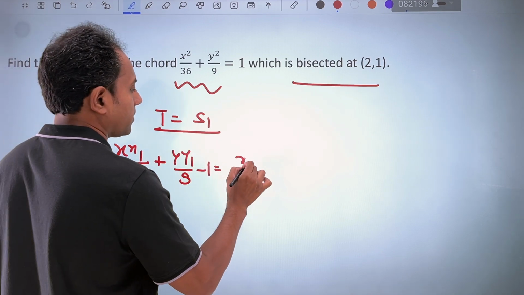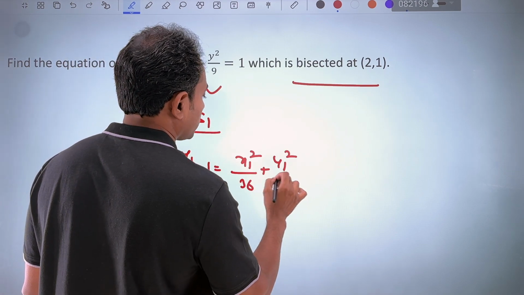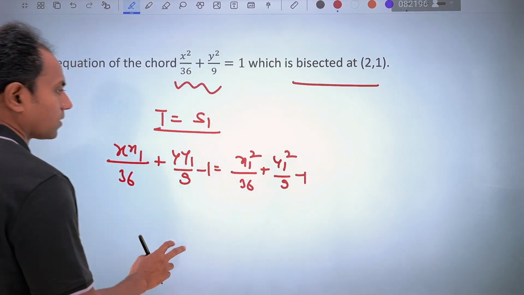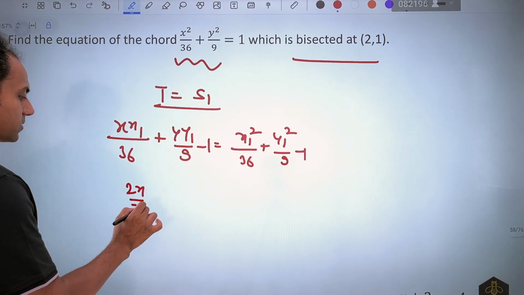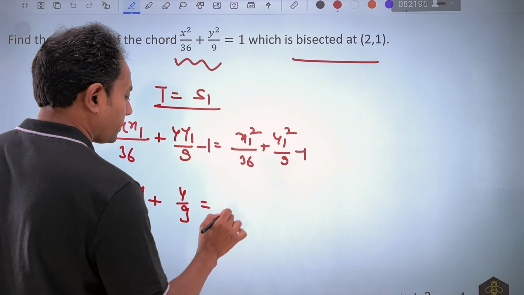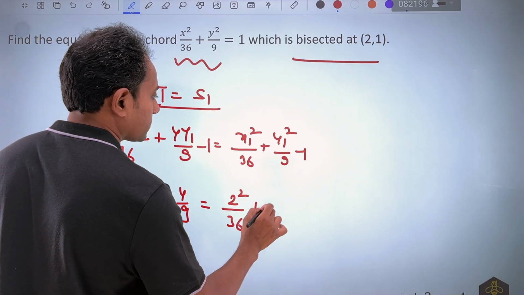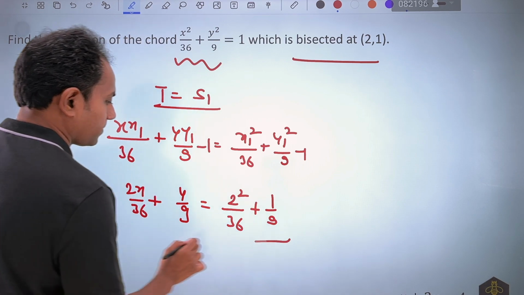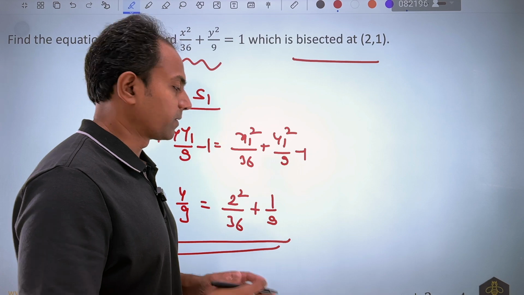And S1 will become x1 square by 36 plus y1 square by 9 minus 1. Once we substitute the values, we get the answer. So 2x by 36 plus y by 9 will be equal to 2 square by 36 plus 1 by 9. Simplify and get the final answer. So this is how we apply this basic equation of chord bisected.